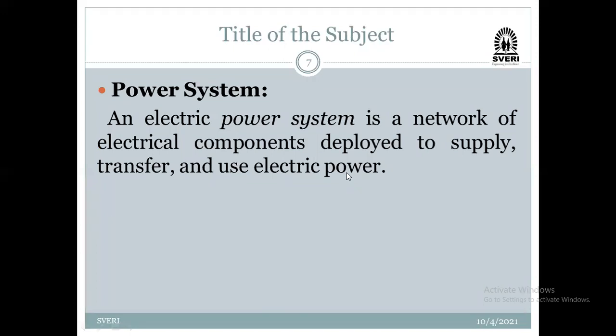The title of our subject is power system. In short, I will tell you the meaning of power system. Power system is one of the branches of electrical engineering which deals with the generation, transmission and distribution of electric power to the consumer. What is power?